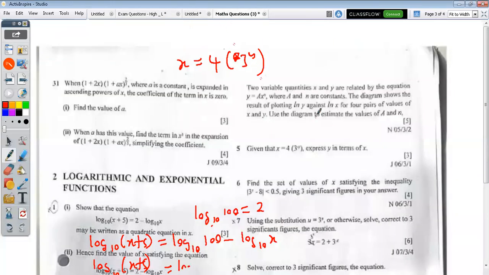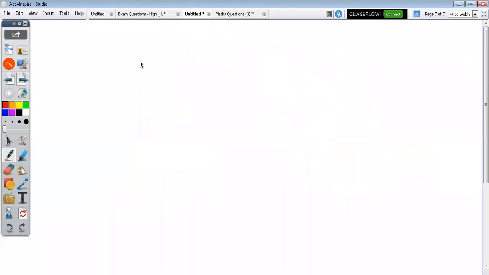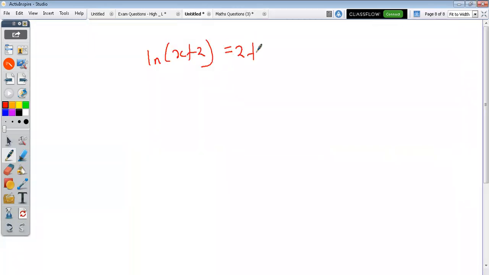So now that's for that one. Then we have this here, giving your answer to 3 significant figures. So we are saying ln brackets x plus 2 is equal to 2 plus ln x.